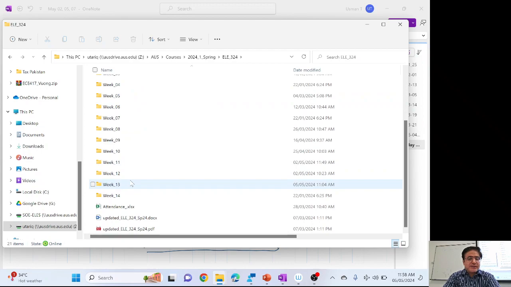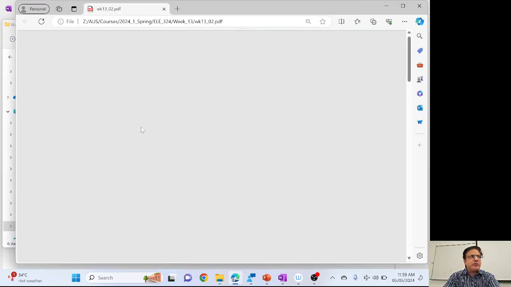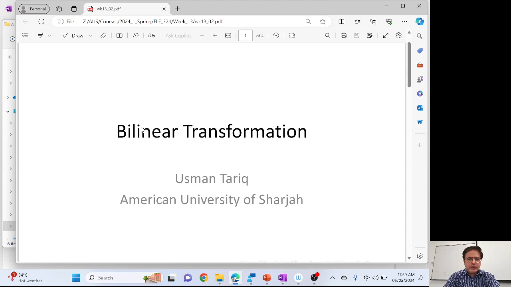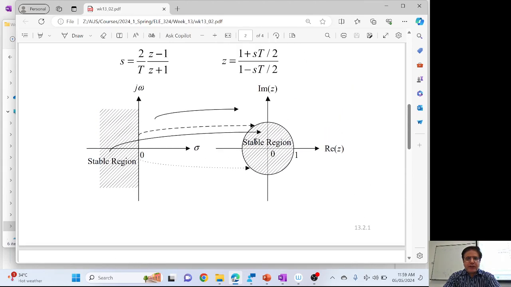The vertical axis, the j omega axis, mapping to the unit circle, and the right half plane mapping to the exterior of the unit circle, right? So you can also verify that the same thing is true in this case as well. The left half plane will map to the interior of the unit circle, the right half plane to the exterior of the unit circle, and the j omega axis will map to the unit circle.